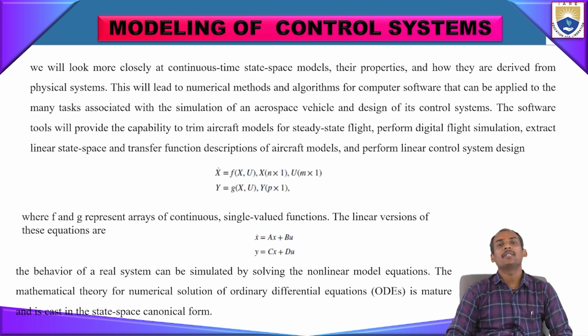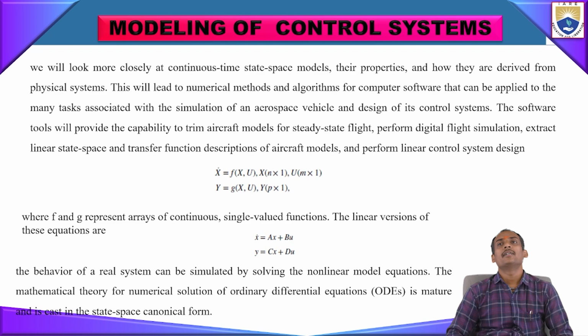While designing a control system, the software tools depend on how the system control is designed using the desired input and output values. Here the software tool provides the capability to trim the aircraft models for steady state flight, perform a digital flight simulation, and extract linear state space and transfer function descriptions of aircraft models.